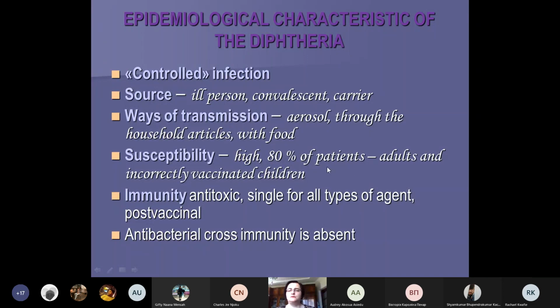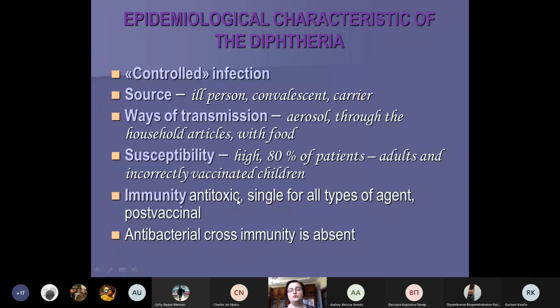Susceptibility is high. 80% of patients are susceptible at direct contact, also adults and incorrectly vaccinated children. Yes, 80% at contact as a rule can catch the disease if they are not immune.